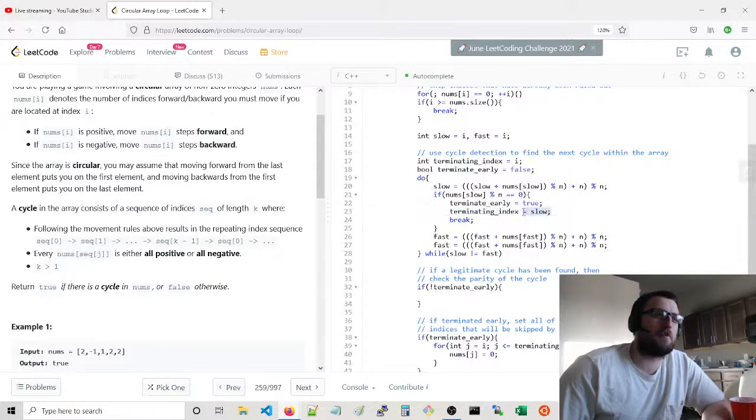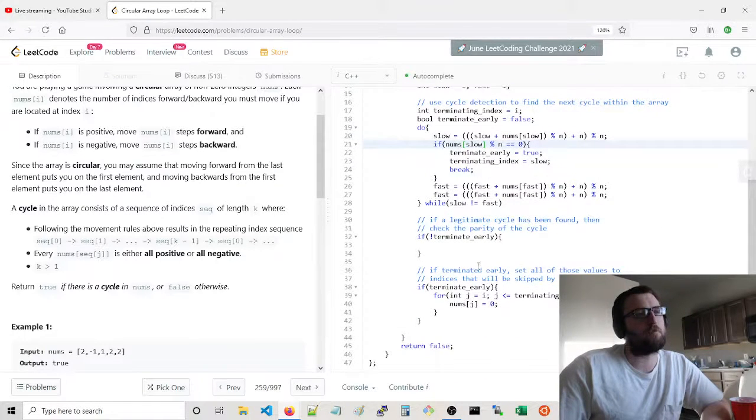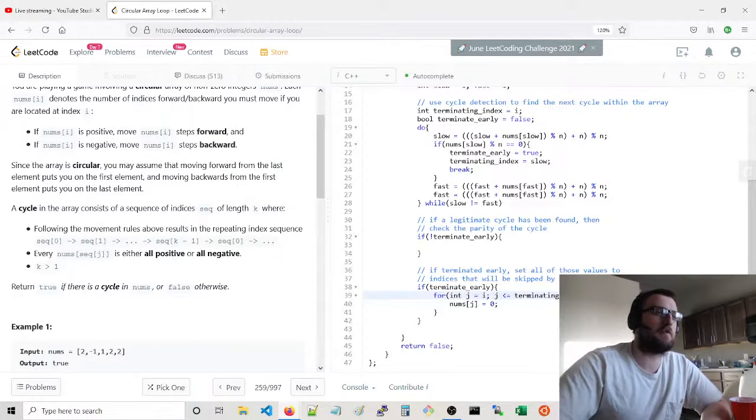So you can kind of, it actually doesn't really matter which one of these you pick. You could start with slow. If you didn't terminate early and these actually met each other, you could set it to slow and then just loop through the cycle again, set those all to 0, and then set this terminate early to, yeah, actually it doesn't really matter.